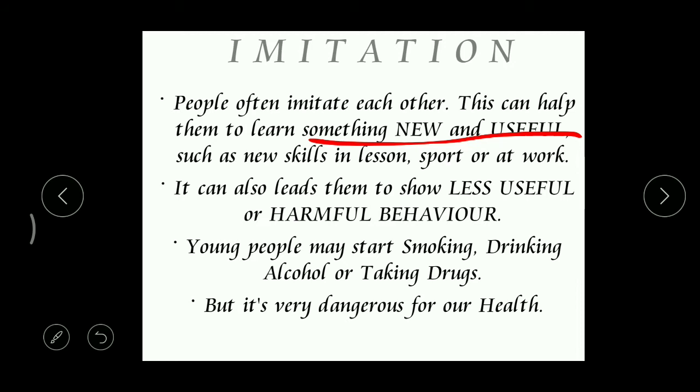Because of this copying skill, you are able to get new and unusual behavior, whether it be skills in lessons, or in sports, or even at work. Right? But at the same time, this kind of imitation behavior is also related to less useful or harmful behavior.